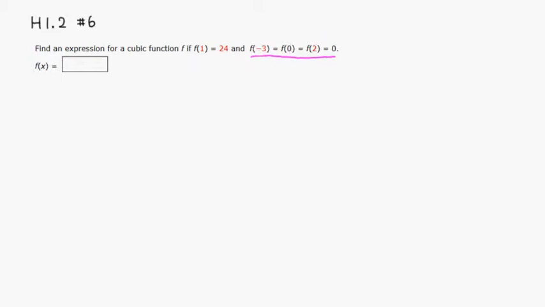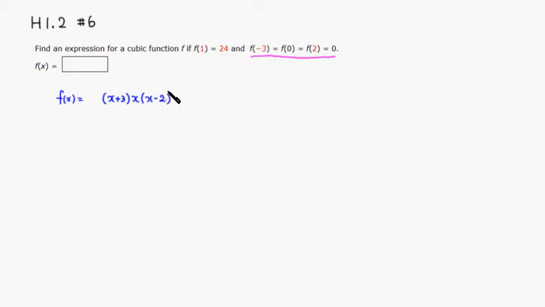So it tells you that the original function f of x becomes 0 when x equals negative 3, which means that this function has to have a factor x plus 3, and 0, which means that it has to have x. And also 2, so the corresponding factor would be x minus 2.